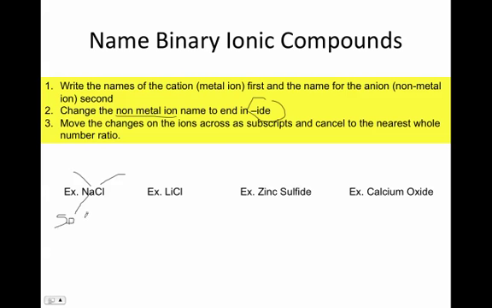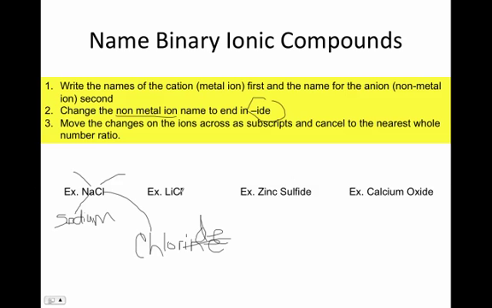We would call this sodium. And the nonmetal anion right here is called chlorine from the periodic table. But in step 2 we drop the ine and we add ide. And so this would be called sodium chloride.